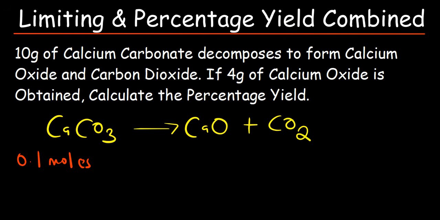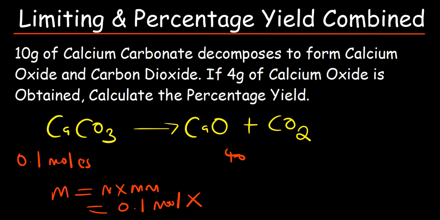So in this case, the mass will be equal to number of moles multiplied by molar mass. In this case, the number of moles is 0.1 moles multiplied by the molar mass for calcium oxide, which is what? Calcium is 40, oxygen is like 16, this is like 56.